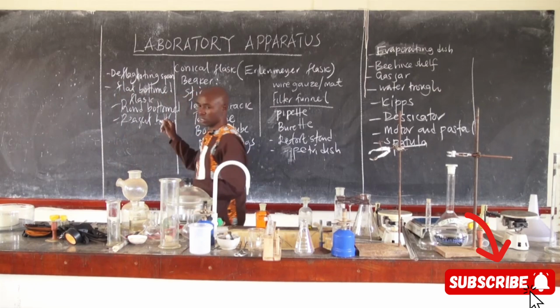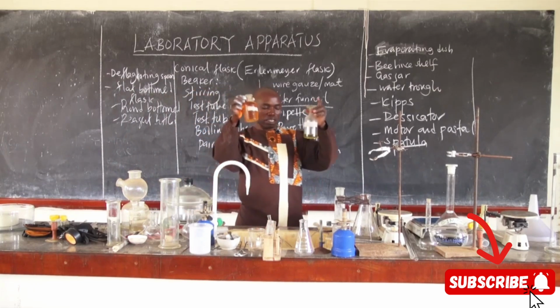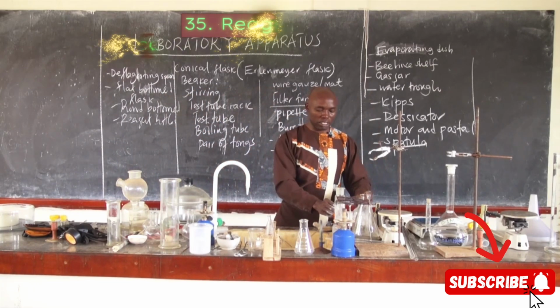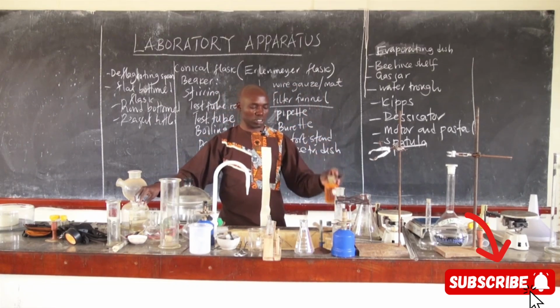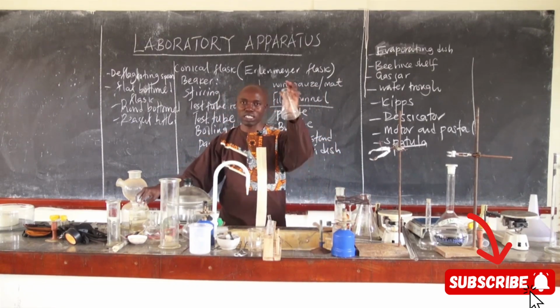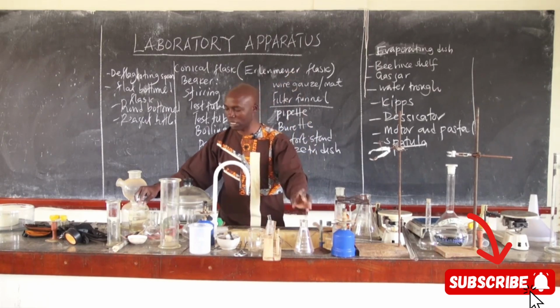We have these as reagent bottles for containing reagents or keeping chemicals. So better we keep chemicals in this bottle than keeping them in the conical flasks, which can have other purposes.